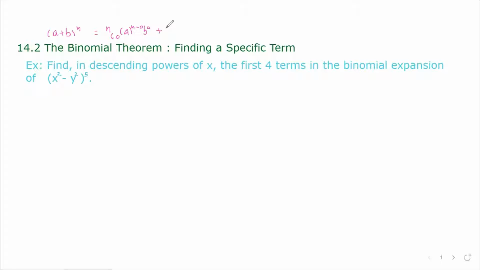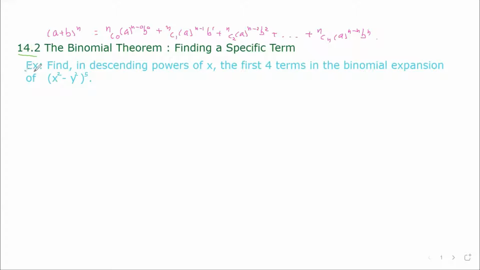The second term is nC1 a^(n-1) b^1, plus nC2 a^(n-2) b^2, and you keep going until the last term, which is nCn a^(n-n) b^n. Okay, so we come back to this question.